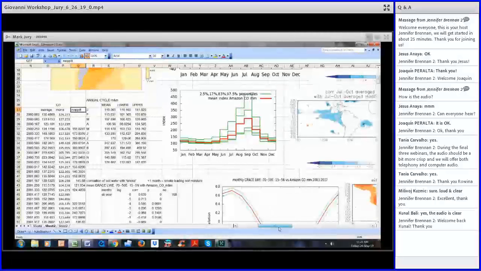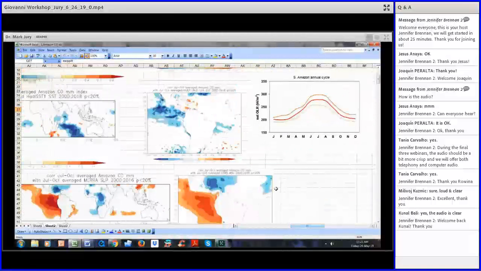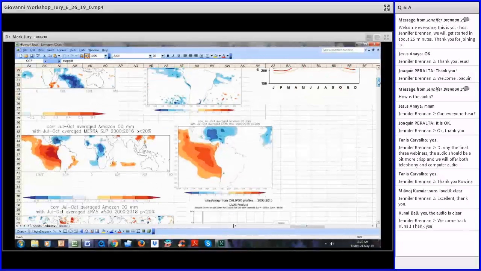We can take that time series and also import it to other websites where we can do point-to-field correlations. So this just happens to be the correlation of the CO in the southern Amazon with the sea level air pressure. And we can see we don't have a signal over land and in the Atlantic, but we do have a pressure signal in the Pacific and the Caribbean, which is inverted.